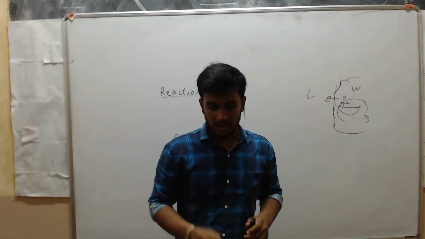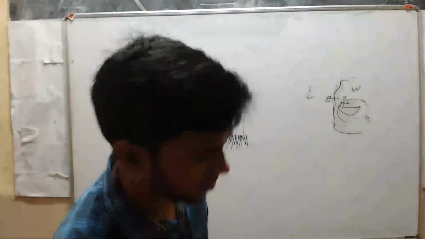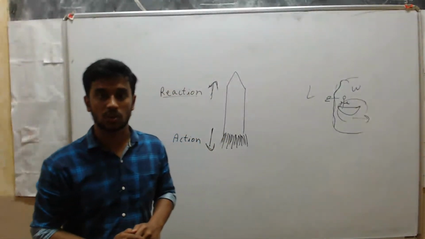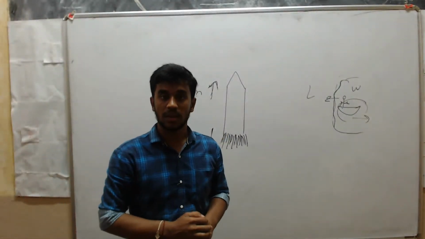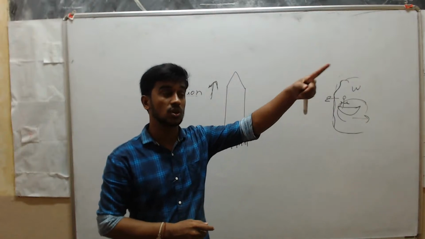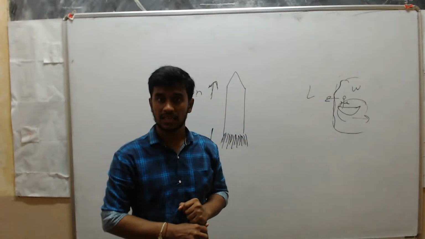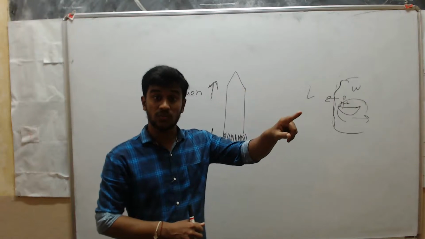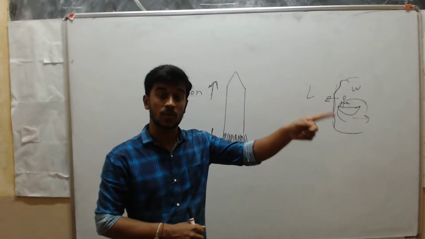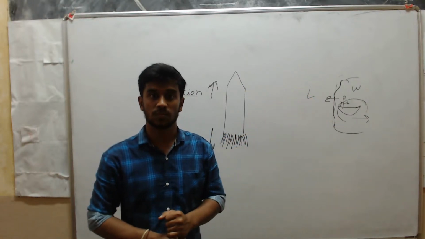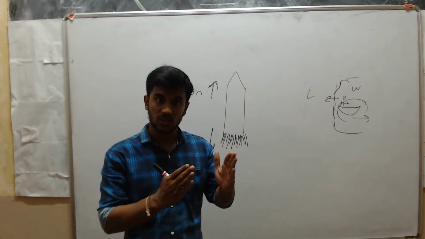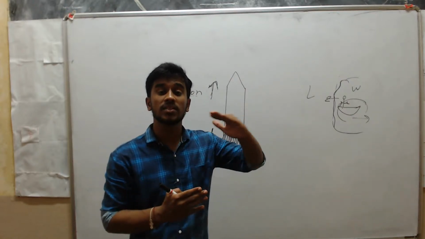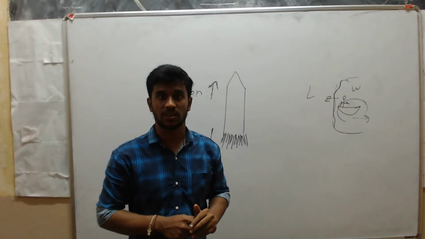If you take one small stone and throw it at a wall, that stone applies a force on the wall. The same amount of force, the wall also applies on that stone. So here also action and reaction are the same, but in opposite directions.